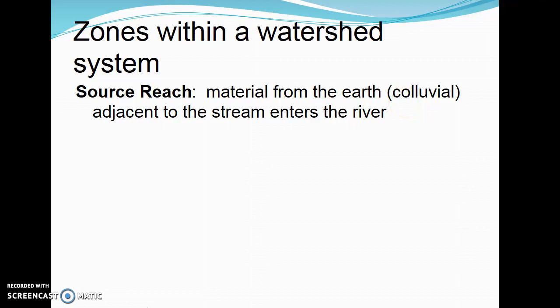Once it is in the water, and then the water then redistributes it somewhere else, we would call it alluvial material. So you've probably heard of alluvial fans. That is land that has been deposited, or sediment that was deposited by rivers, and often that's spread out in a fan-shaped pattern, and that's where we get that word.